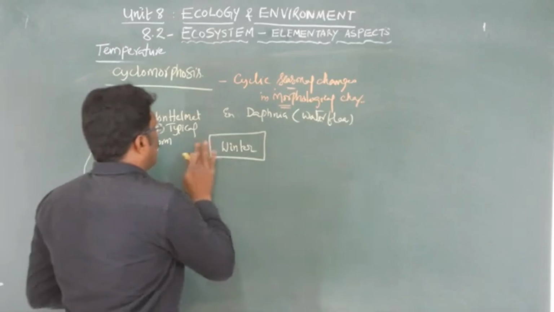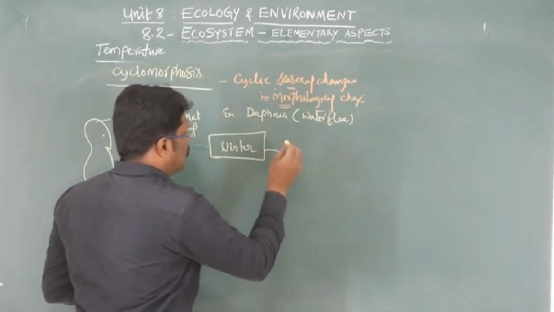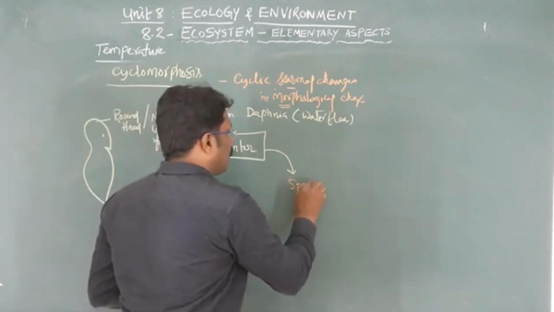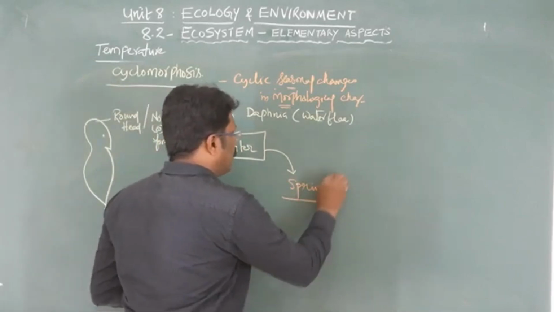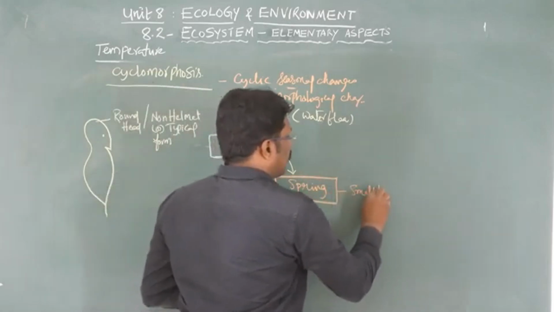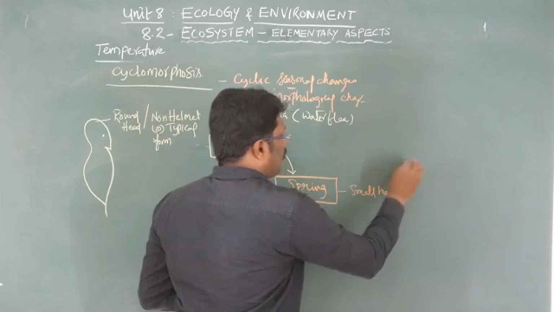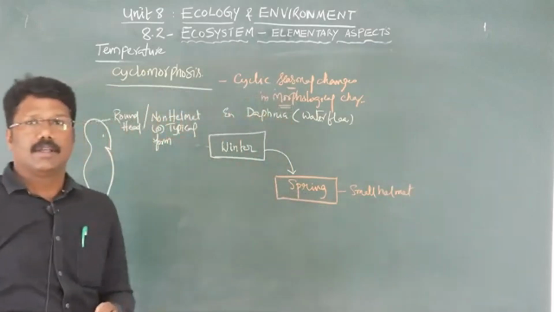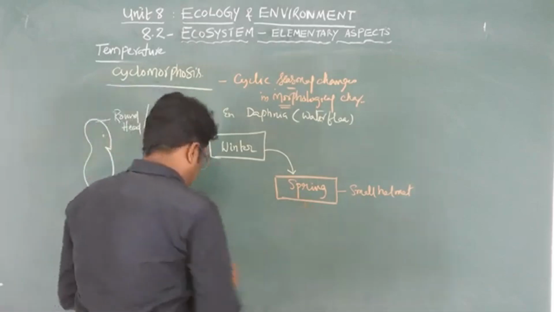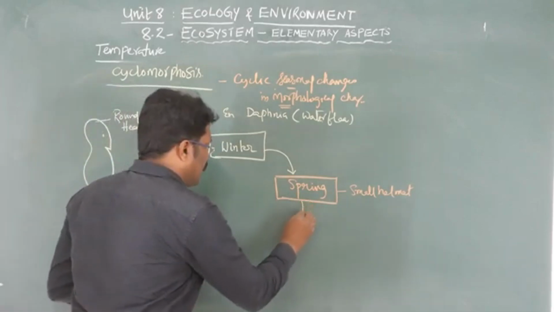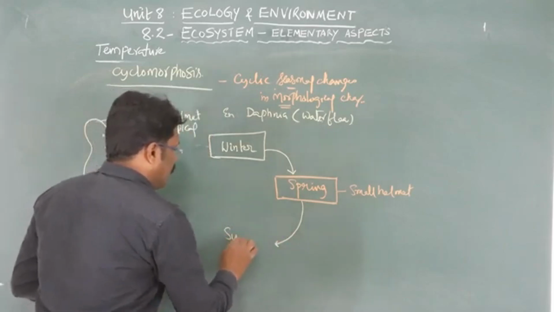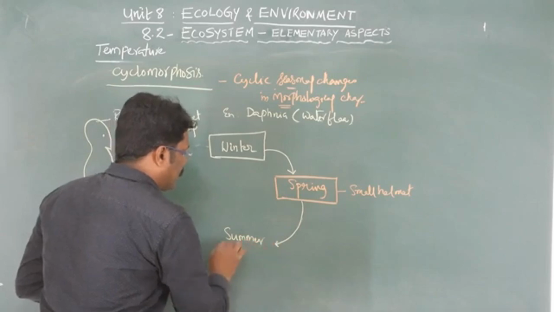But when the season changes to the spring, so during the spring, a small helmet will start appearing around this head region, and it shows the maximum length at summer.